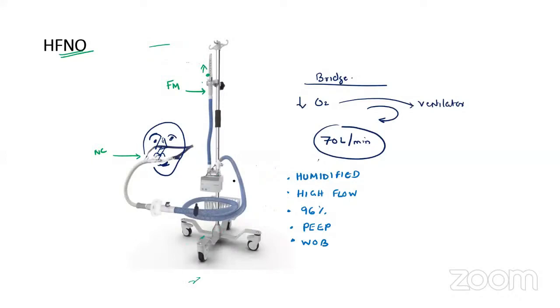You can see here, this is the warmer and humidifier. So these are all questions. Now, if the patient cannot be oxygenated by this, we will go to ventilator. Yeah, high PEEP, that's right.